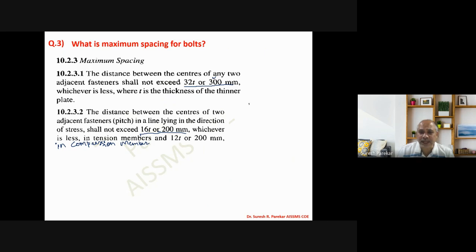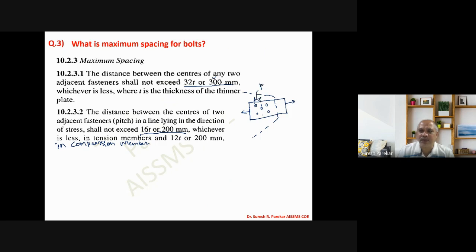Now, what is pitch and what is gauge distance? If we consider a connection, and if we show the bolts, then let us say we have staggered bolts in this fashion, then we will have this as the direction of stress. So in the direction of stress, distance between the bolts we will know as pitch.